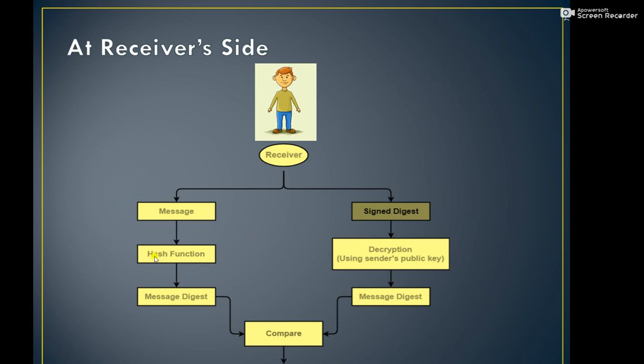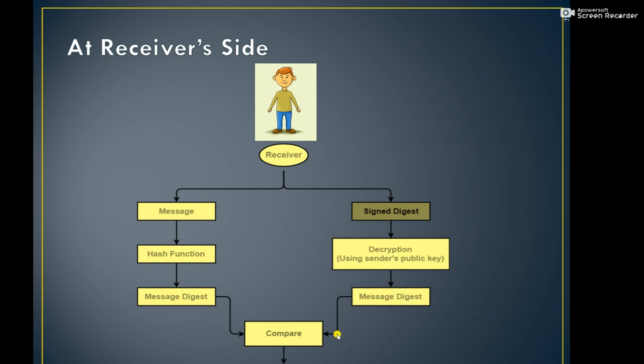Whenever you apply the same hash function on the same message, it is going to create the same message digest. If there is a slight change in the message and you apply the same hash function, then it would generate a different message digest. So if both these message digests are same, then the integrity of the message is ensured and Bob will accept the message. Otherwise, he has a choice to reject the message.